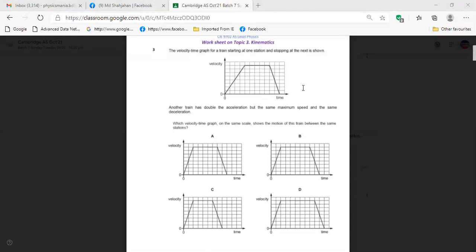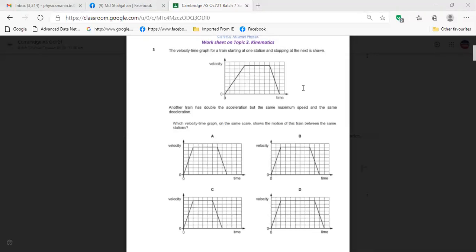Then what's the answer coming? 16 into 8 divided by 2, that is 64. So this answer will be 64 meters, right? So in between these two stations, the distance is 64 meters.